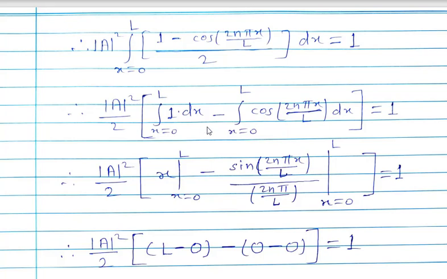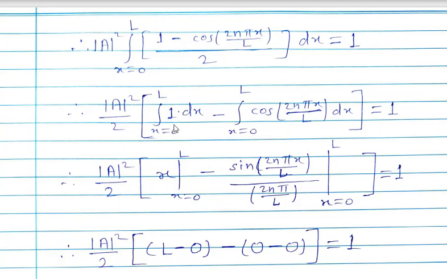Now inside the bracket, let's separate out the integral for the individual terms. So we get the integration of 1 dx, minus the integration of cos 2n pi x by L dx, where x varies from 0 to L, and that is equal to 1. This becomes mod A squared by 2.